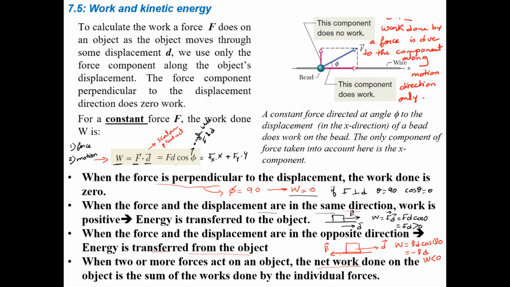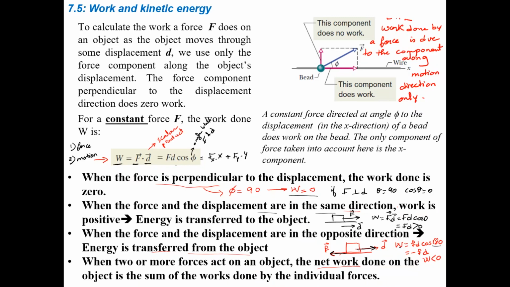You will notice that if I have the other way around, if I have a force opposing the motion, such as the figure here where the friction is to the left and D is to the right, in this case, the angle between F and D is 180. And because the angle is 180, cosine 180 is minus 1.